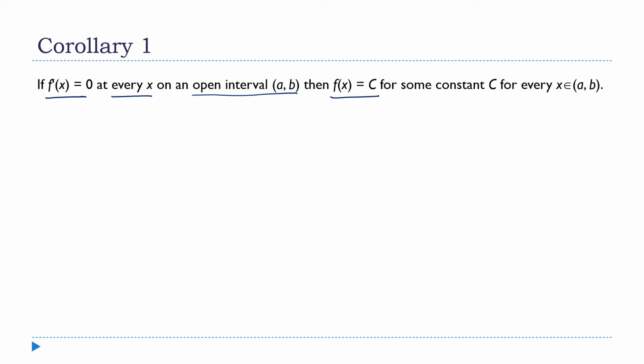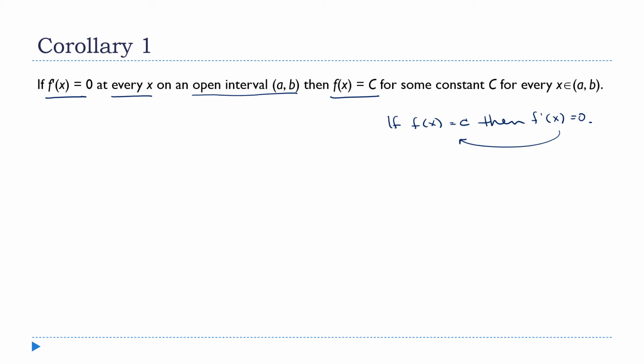If you think about this, that maybe looks a little familiar, because when we first started talking about the power rule, one of the first things we showed is that if f(x) equals a constant, then f'(x) is 0. Well, what we're showing here is the converse. We're going the other way around. We're saying if the derivative is 0, then the function is constant.